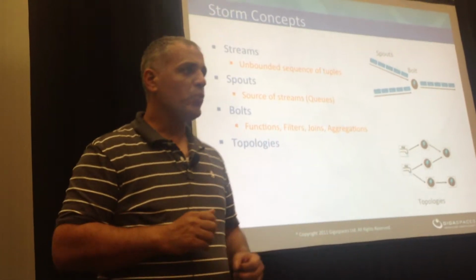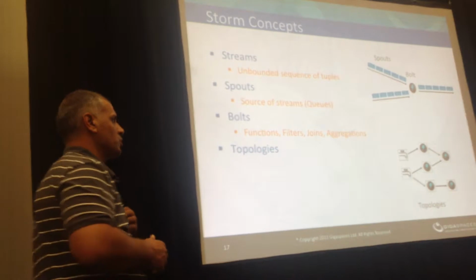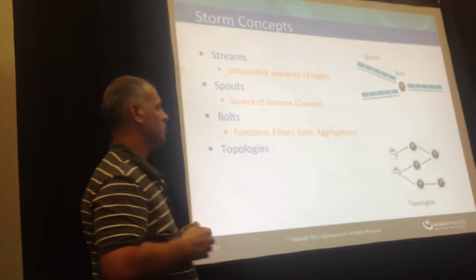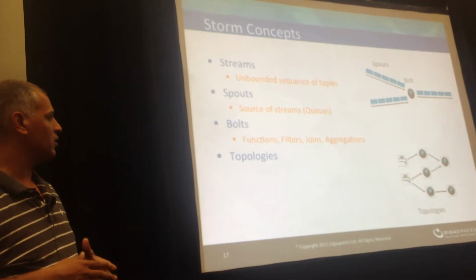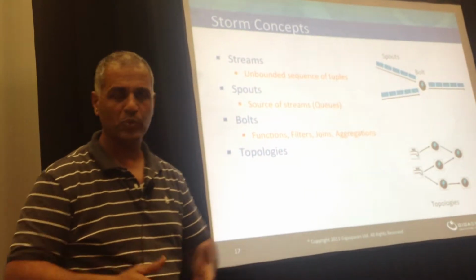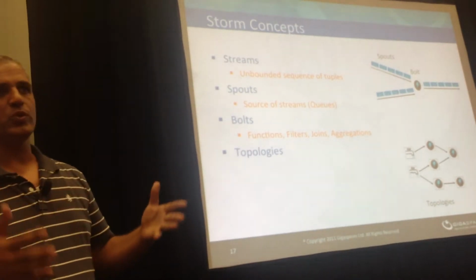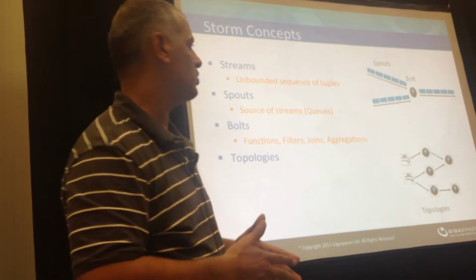Other concepts that are important to understand when we're talking about Storm is how Storm is structured and how we build a topology in Storm. In Storm we have several concepts. One of them is called a stream, which is basically your data input. The elements of the data are called tuples, which is basically a list of values.